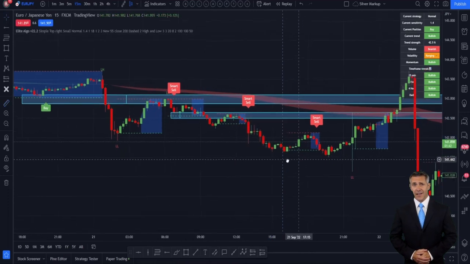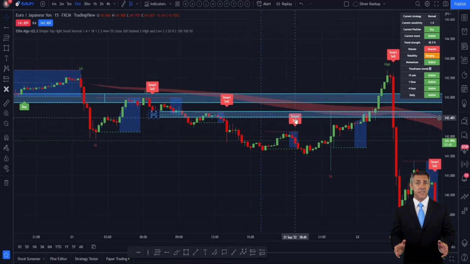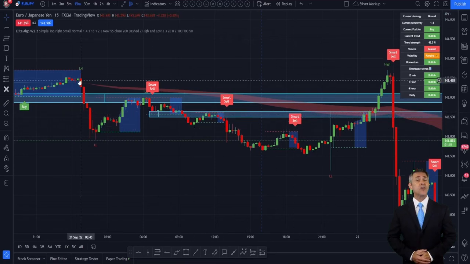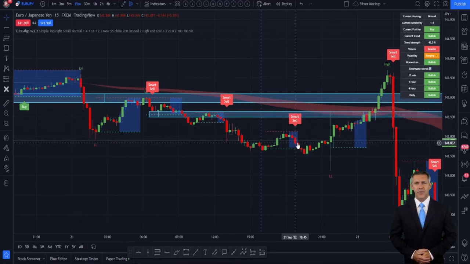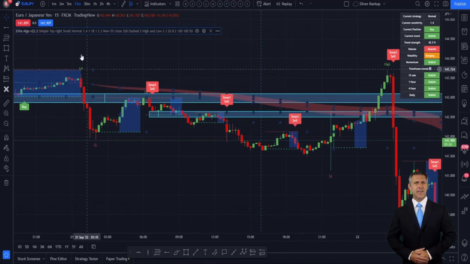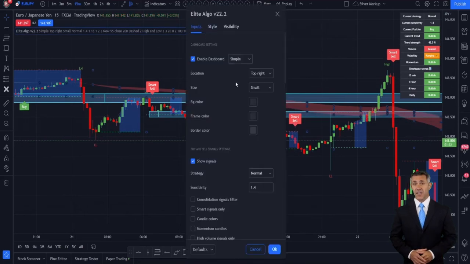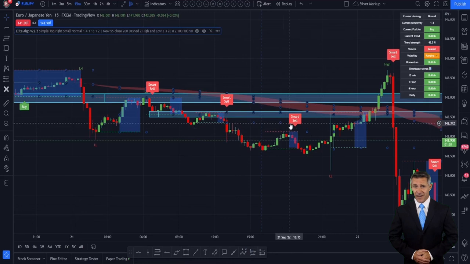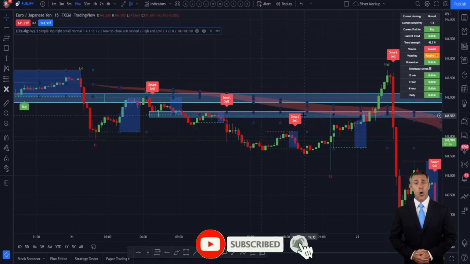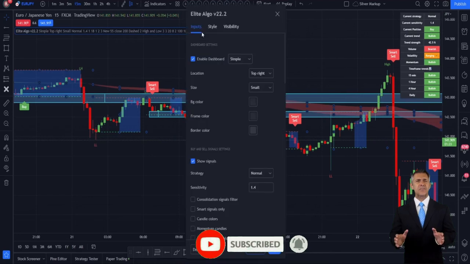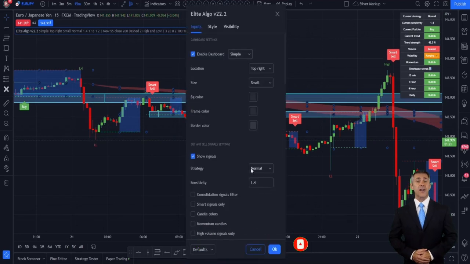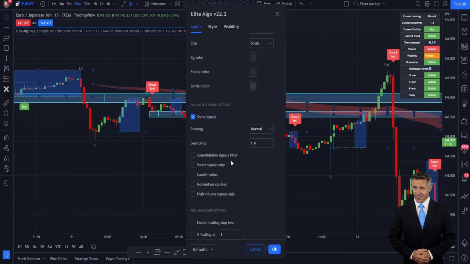Now, in this one, it gives you just a little bit of a fake out. And this is why the lower high and the highs come into play, because as you can see, there's no lower high here. And with the market, the way it works out, I'll actually show you something.